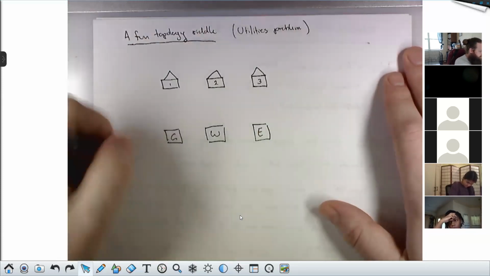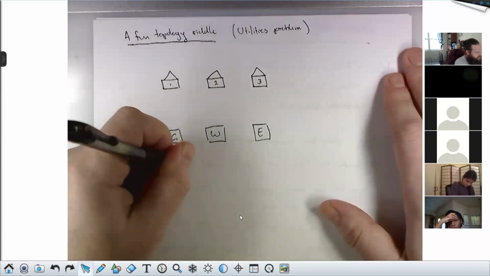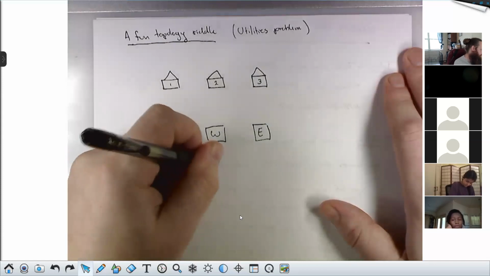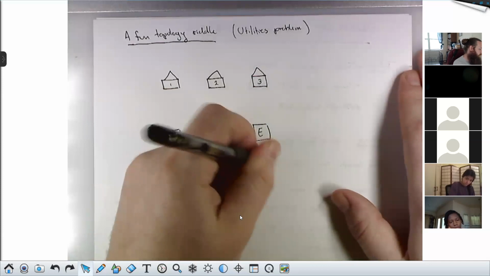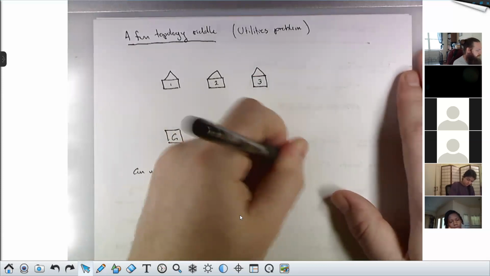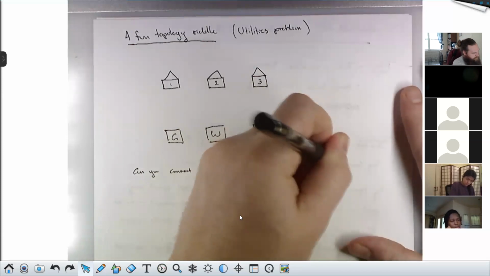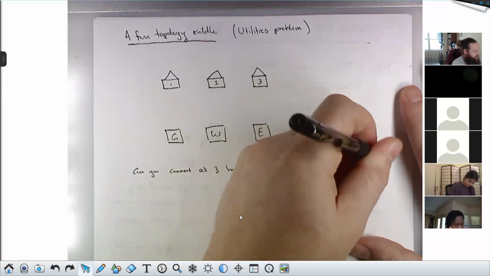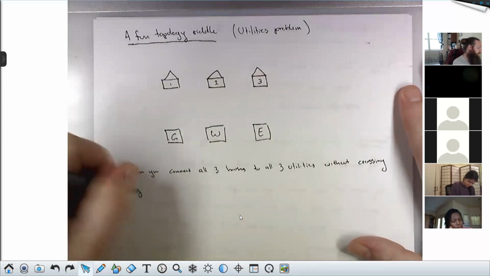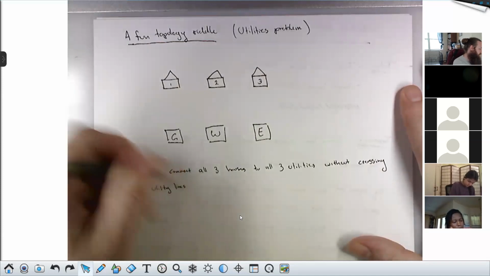Can you connect all 3 houses to all 3 utilities without crossing any utility lines?